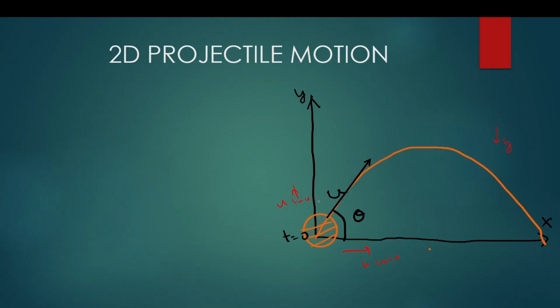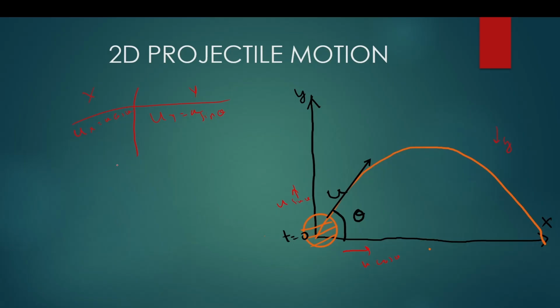Okay, so we will make a little bit of a table in which we will split the x axis and the y axis. Now here in x axis you could see that the x component is u cos theta, while in y direction uy equal to u sin theta.